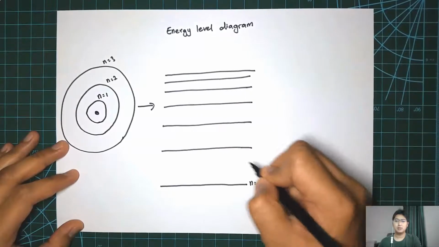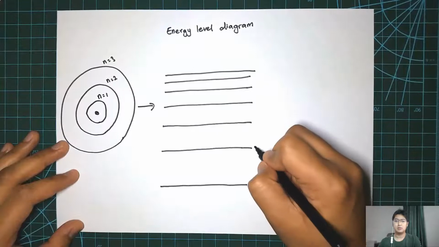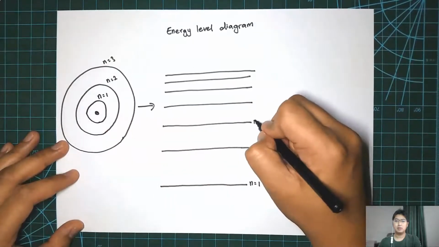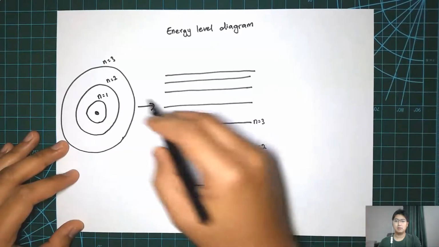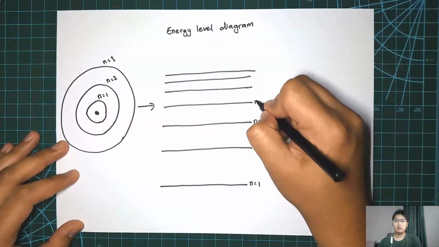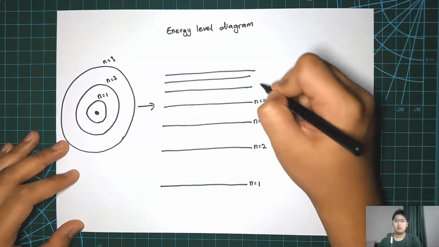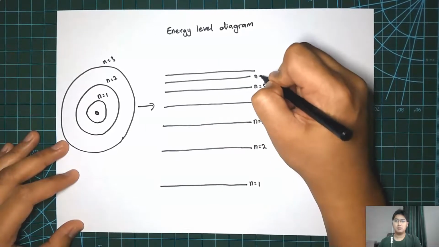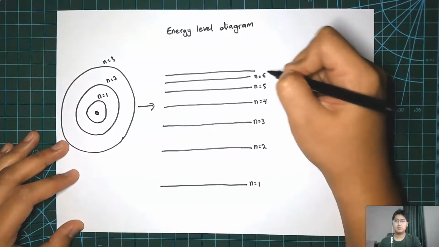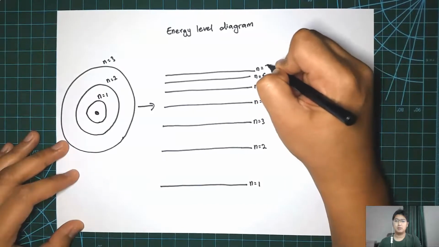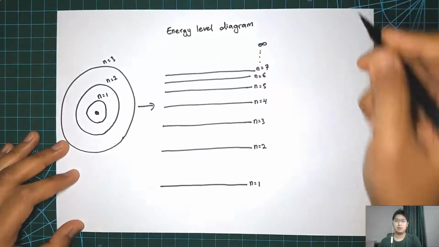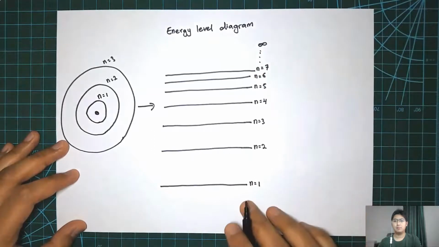This is the ground state, or orbit number 1, or energy level number 1, energy level number 2, energy level number 3, and then energy level number 4, 5, 6, and 7, until you can draw the levels until infinity.